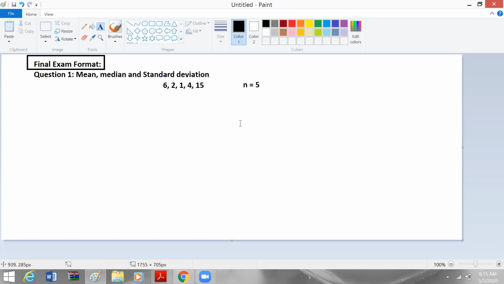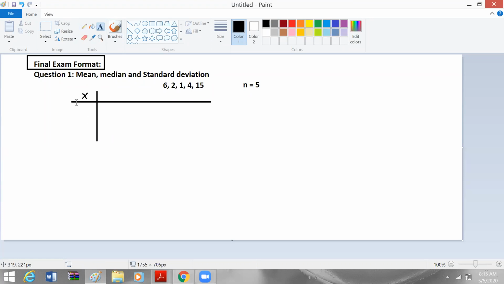And after that, we're going to make the table for this. The first step is that we put down the data, the x. So I'm going to put down all these data sets.